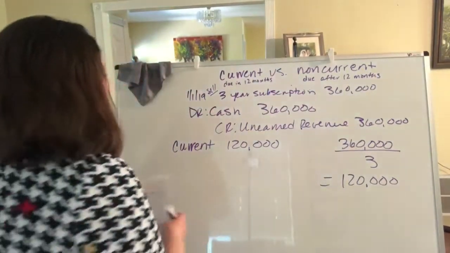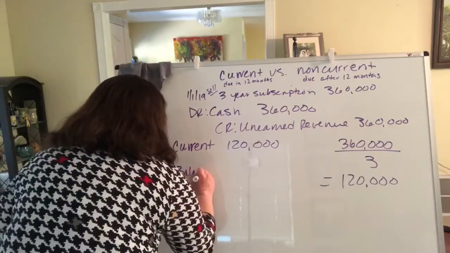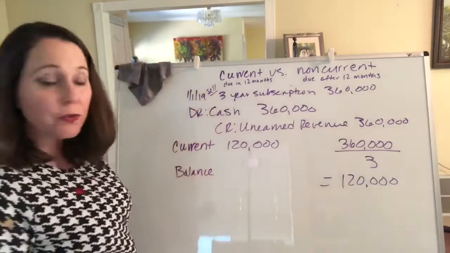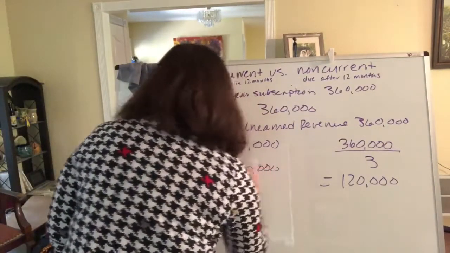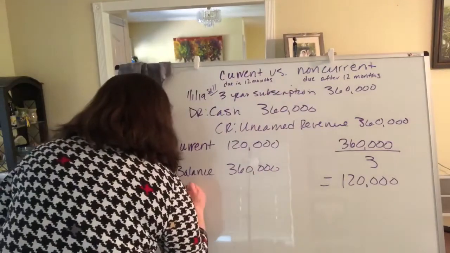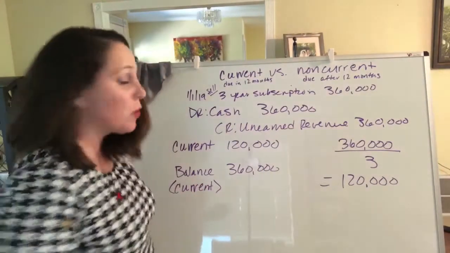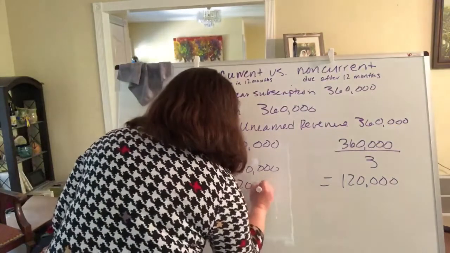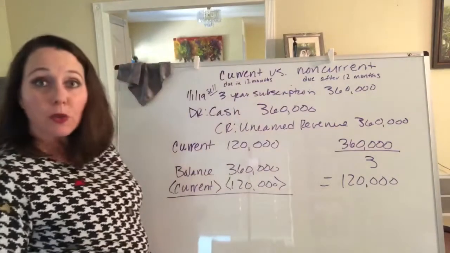Our non-current is the balance in our unearned revenue account, which is $360,000, minus the current portion of $120,000.